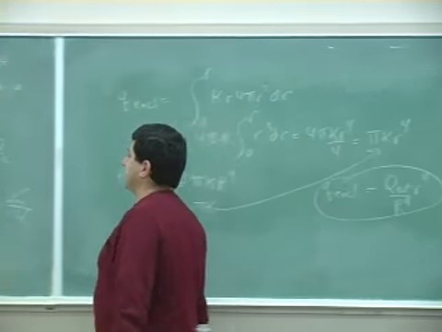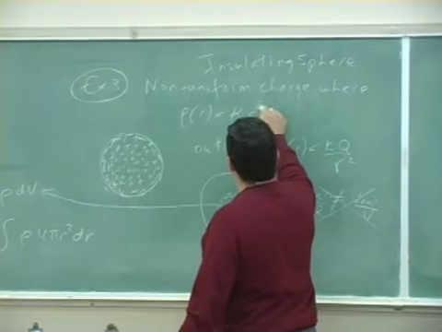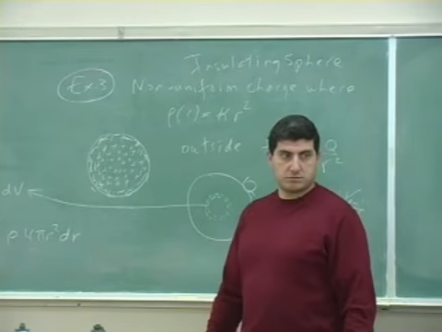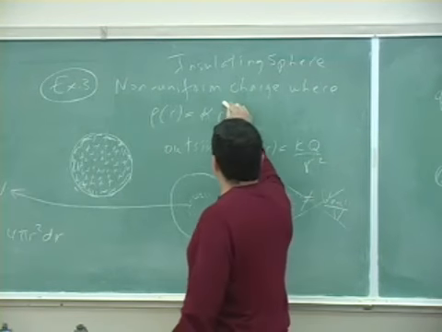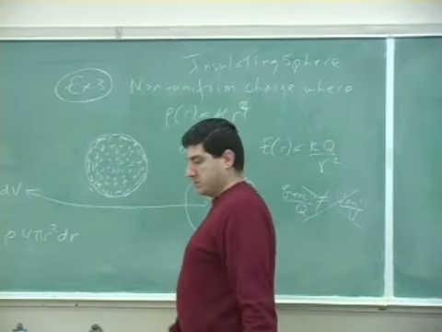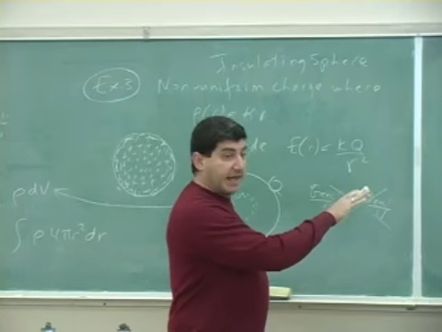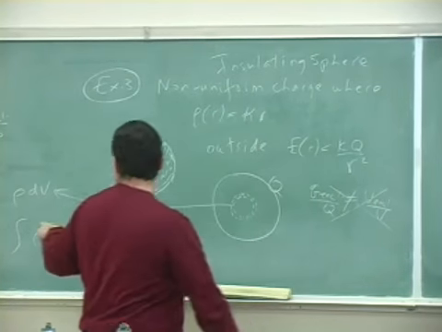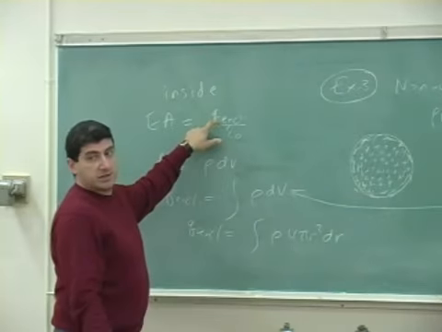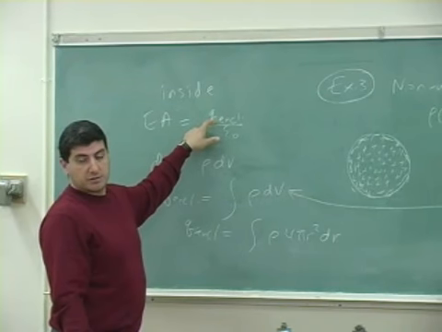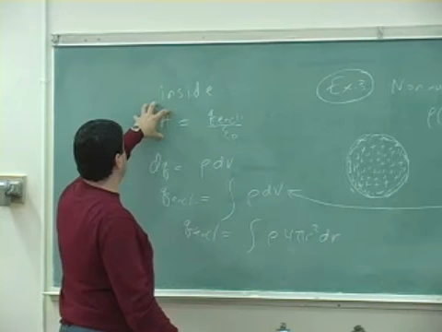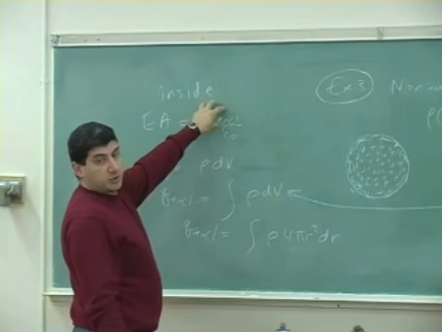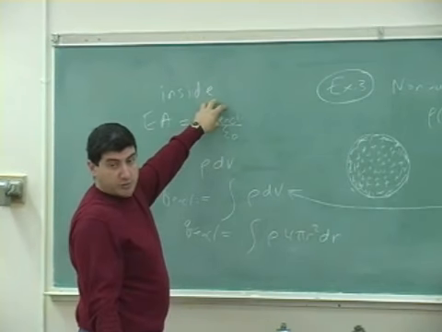Like on the test, I could say rho of r is kappa r squared. That means it increases more rapidly. Or kappa r cubed, kappa r to the fourth. Now once you get that, then you put that into Gauss's law. So really the only hard part of Gauss's law is finding the Q enclosed, the process.